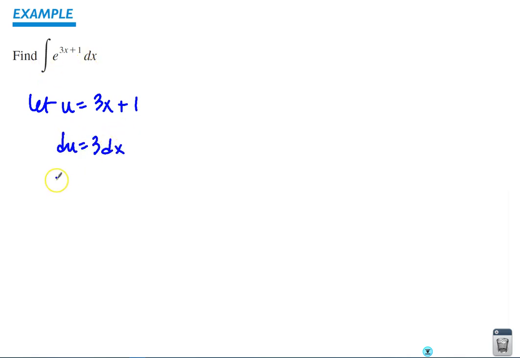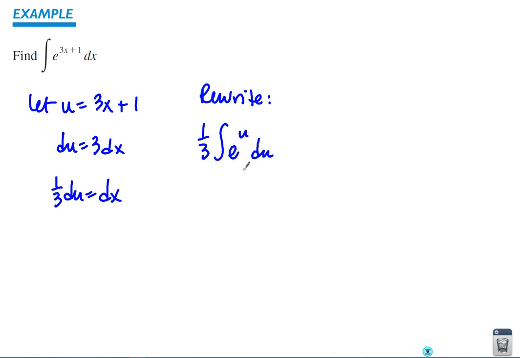I don't have a 3, so 1/3 du is equal to dx. Rewrite, and I end up with 1/3 integral e to the u du. So 1/3 e to the u plus c, 1/3 e to the 3x plus 1 plus c. That wasn't so bad.